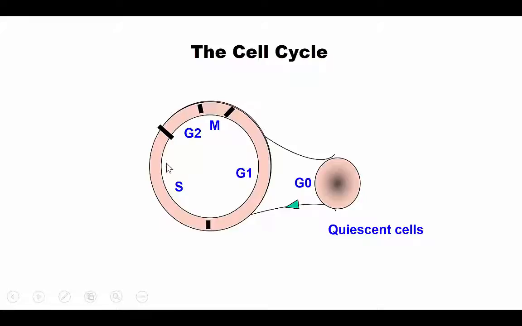If this synthesis cannot be completed for whatever reason, then the cells should not go into the next step of division. But if synthesis is perfectly done, then the second checkpoint here: okay, synthesis is clear. Then it goes into the second step of preparation, the so-called G2 step. And then if everything is still okay, now it goes into the real cell division, so-called mitosis, that can happen.